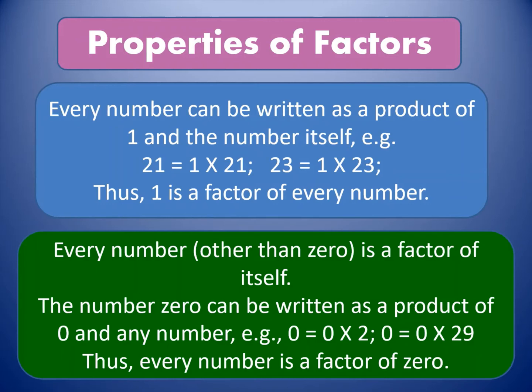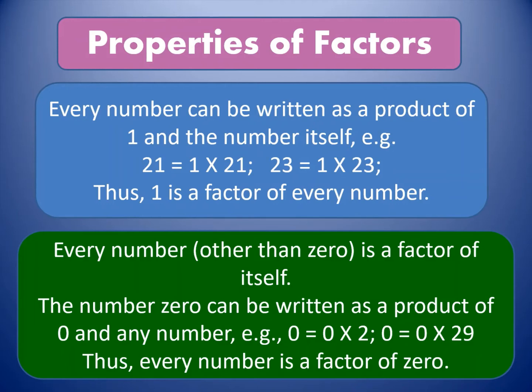So 1 is a factor of 21 and itself, 21, is a factor of 21. Another example is 23. That is 1 multiply 23. The same you have experienced, 1 and 23. Only these two numbers are factors of 23.